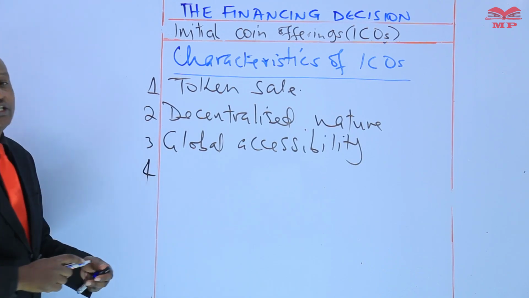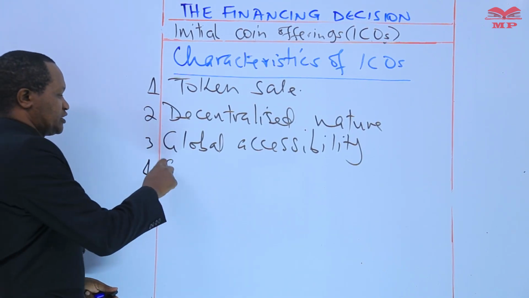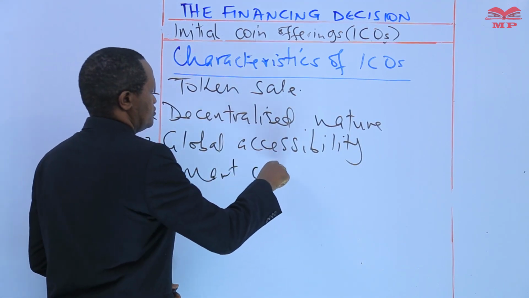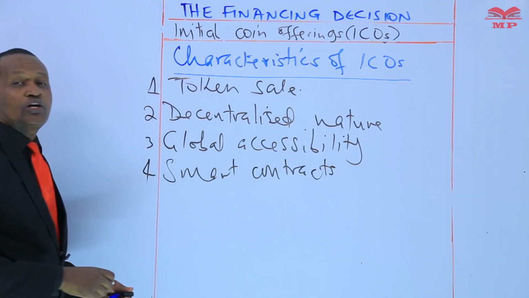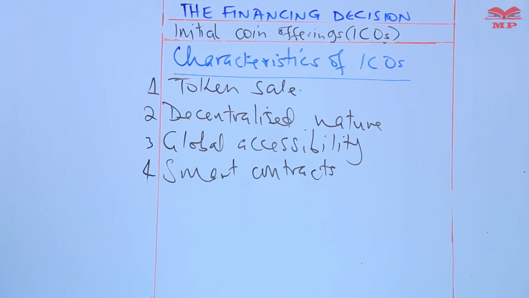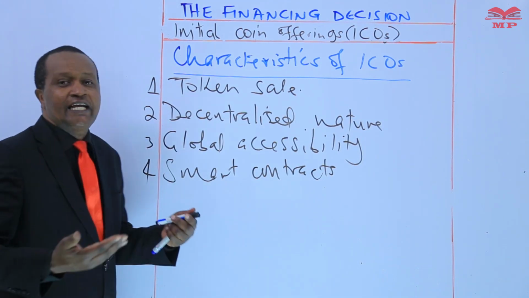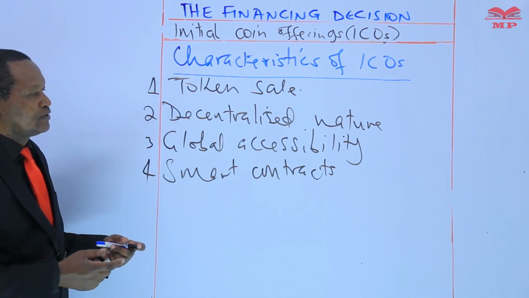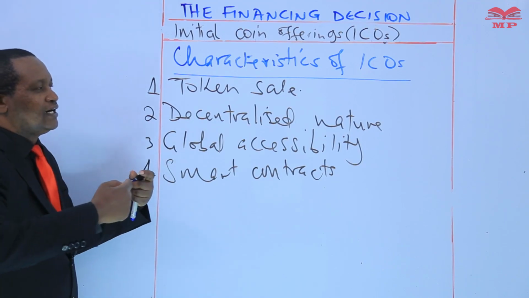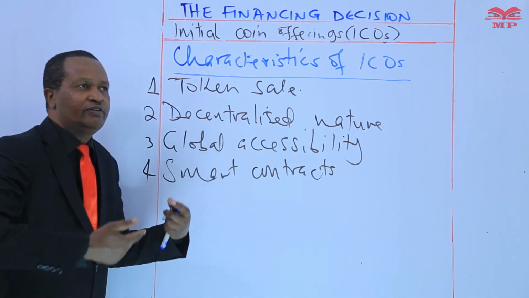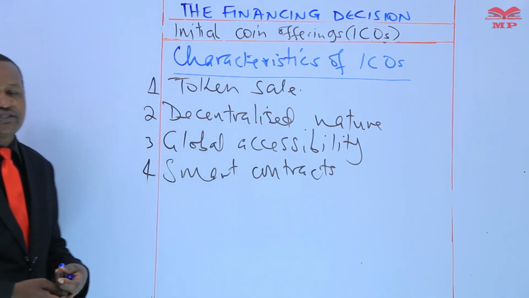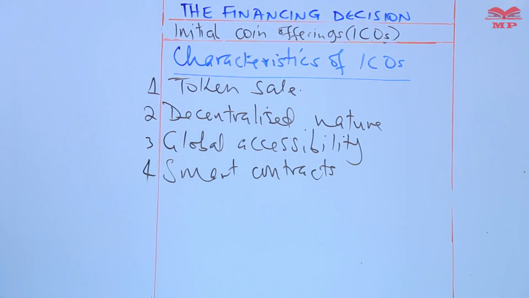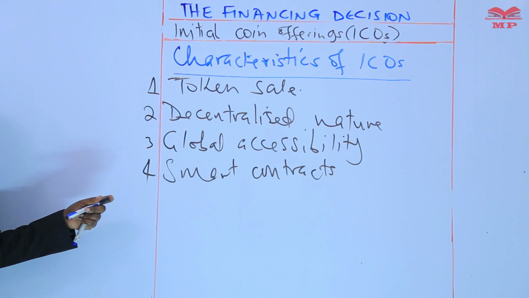The fourth feature is smart contracts. Smart contracts are self-executing contracts, with the terms of the agreement directly written into the code.